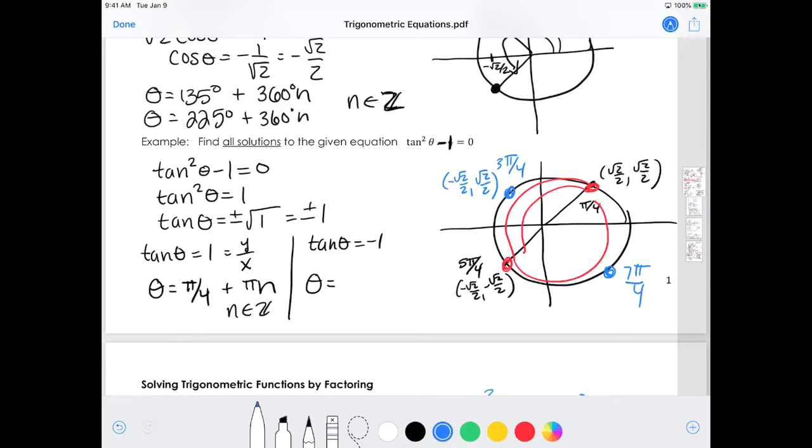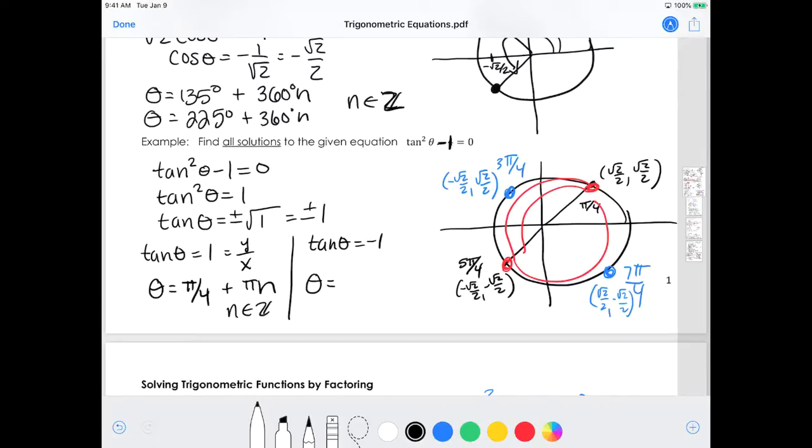So when I take y over x, that gives me negative 1. And at 7 pi over 4, I have positive square root of 2 over 2 and negative square root of 2 over 2 for y. So when I take y over x in that case, I also get negative 1 for tangent.